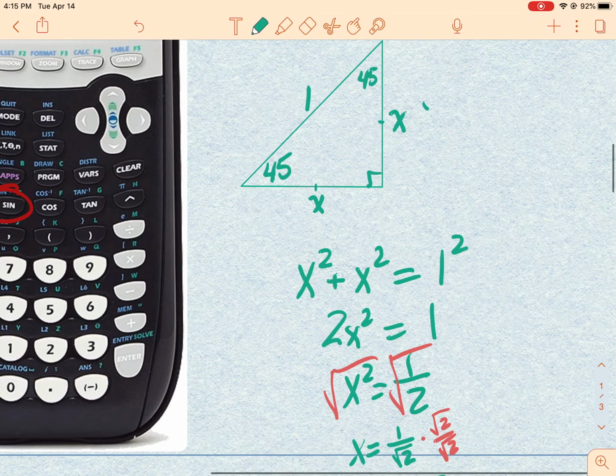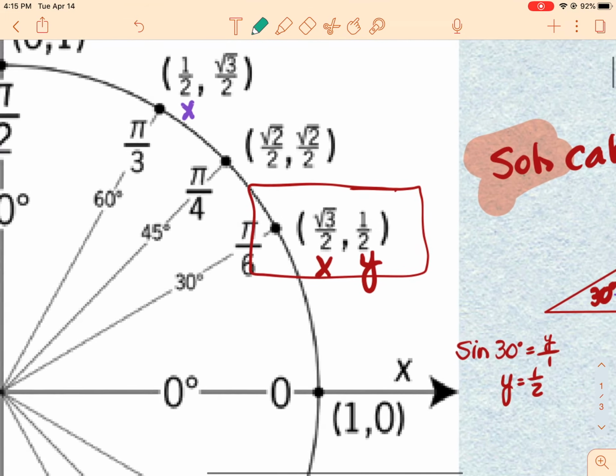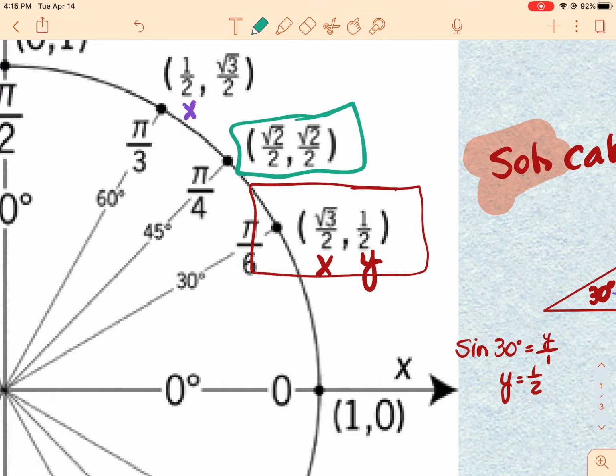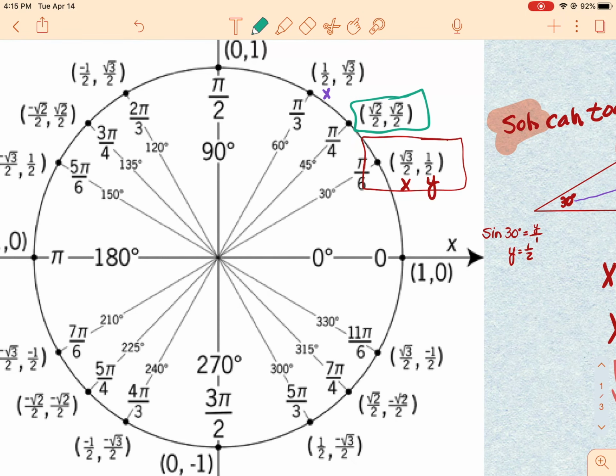So those missing sides are each square root of 2 over 2. And if we look at the 45 degrees, each of those are exactly the same, square root of 2 over 2. So everything on this unit circle actually comes from right triangles.